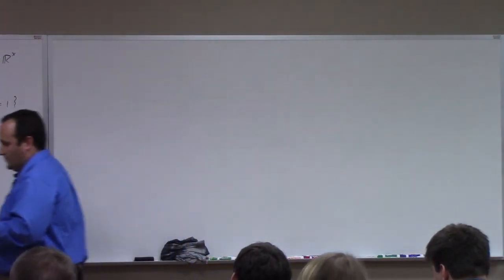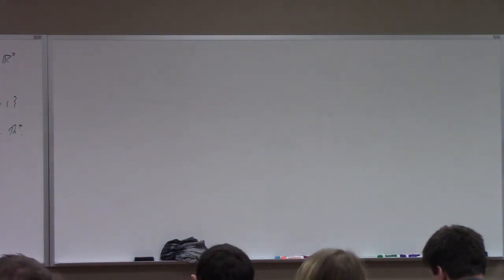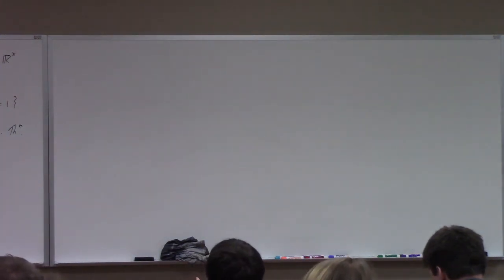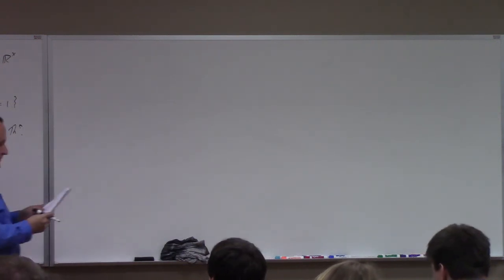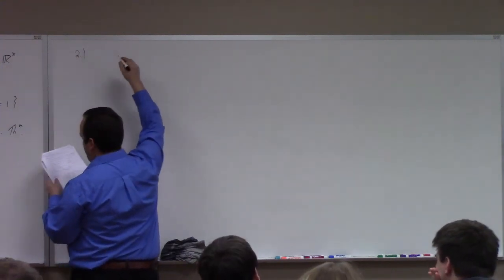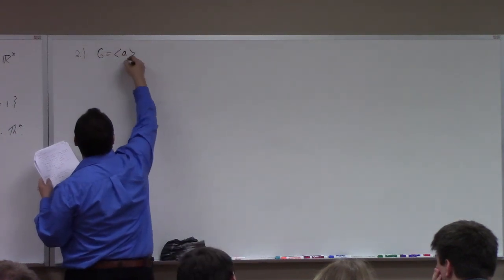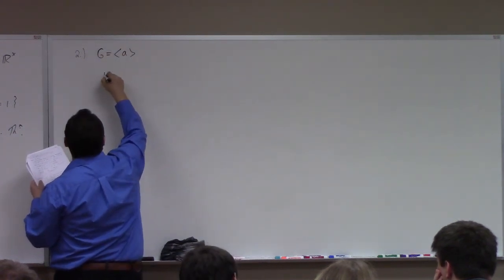Let's look at another example. This one you guys might like more. Maybe. We shall see. Every cyclic group is isomorphic to either Z or Zn. Let's prove it. So suppose you've got G, which is cyclic. So there's two subcases here.